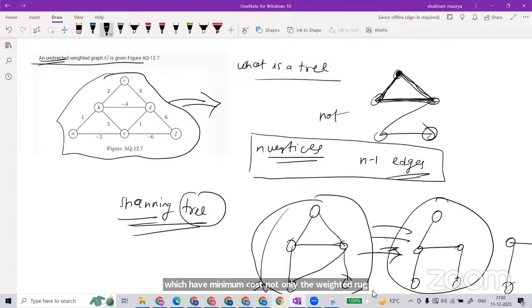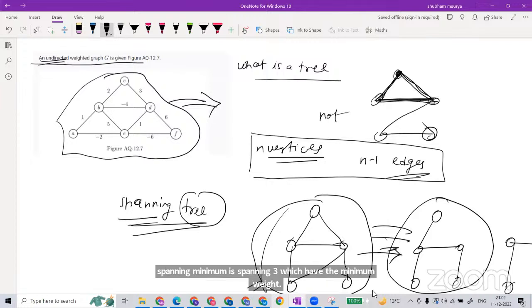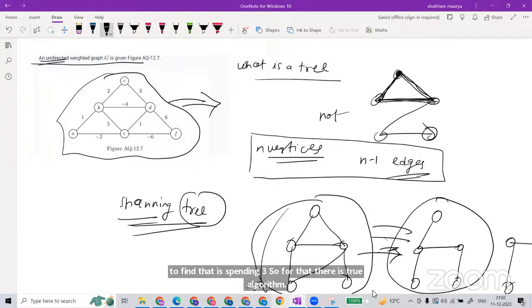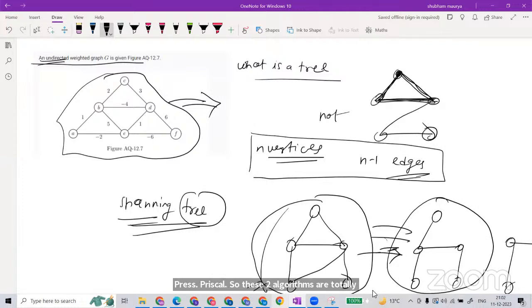So how can we find that minimum cost spanning tree which has the minimum weight? For that, there are two algorithms, Prim's algorithm and Kruskal algorithm. These two algorithms are totally different, but whatever minimum cost spanning tree you get, the weight of that spanning tree will be the same.